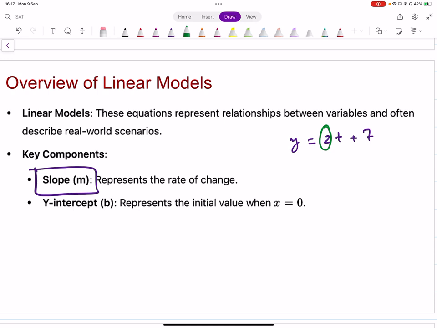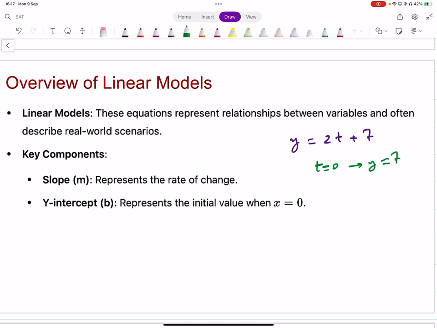So the gradient is going to represent the rate of change of something. And what about the y-intercept? That is going to represent some initial value. So for example, 7 in this context would represent the value of y when t is equal to 0.